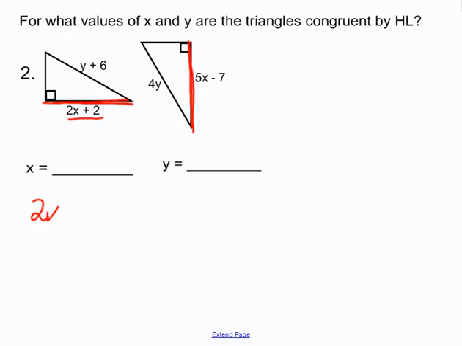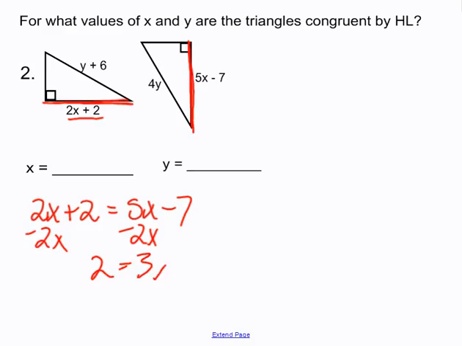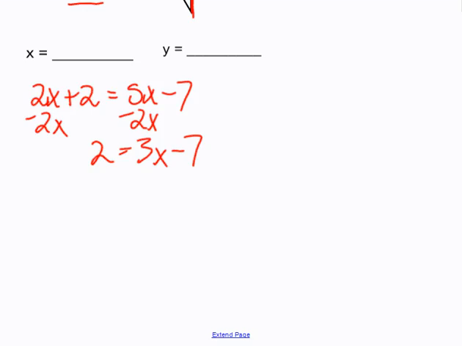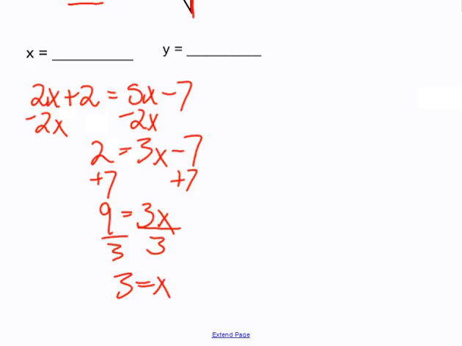So I'm going to have 2x plus 2 equal to 5x minus 7 and solve for x. I'm going to subtract 2x from both sides, then add 7 and divide by 3. So my answer for x is 3.